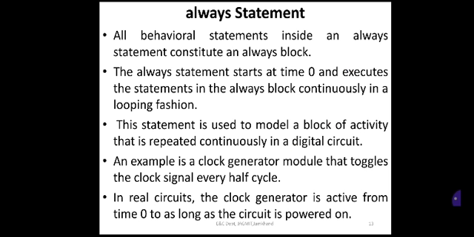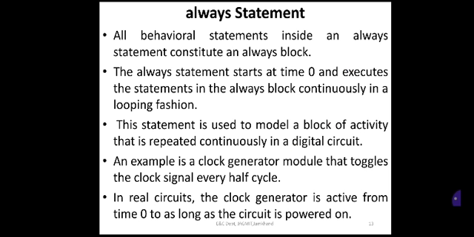The important thing for the always block is that the always statement starts at time 0 and executes the statements in the always block continuously in a looping fashion. The initial block, whatever we discussed previously, executes exactly once, whereas the always statement is going to execute again and again. That's why it is called looping.